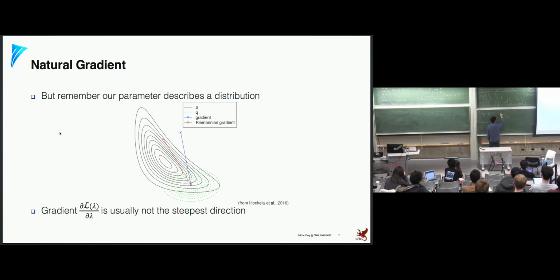Recall gradient descent for a function f of theta is motivated by some first order or second order approximation. So we expand this function at theta 0 plus a first order term, right, and then there's a second order term.